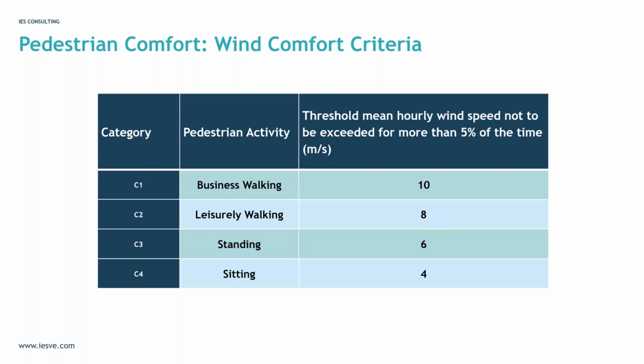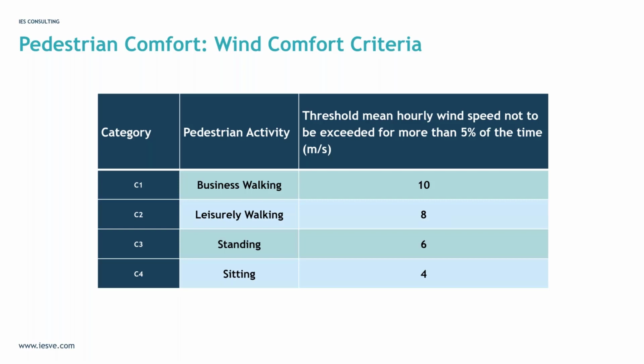What the criterion says is that we should not exceed the wind speeds for more than 5% of the year. So for 95% of the year, the air speeds within the development or within these designated areas have to be below this threshold wind speed. So an annual analysis done in the way we do it helps to establish whether these locations will be usable in this way or not.